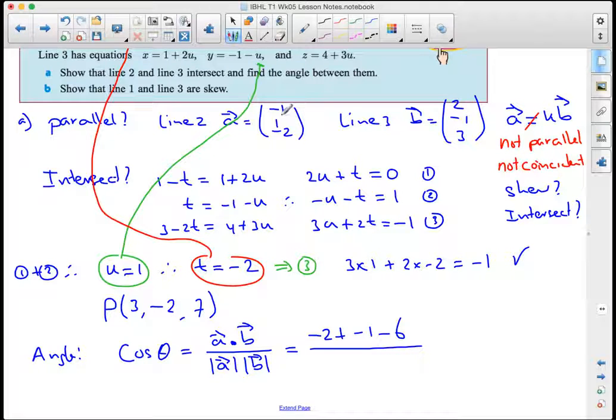The length of this one here is 1 plus 1 is 2 plus 4 is 6, so the root of 6, multiplied by the length here, 4 and 1 is 5, and 9 is 14, the root of 14. So a quick Pythagoras in 3D there.